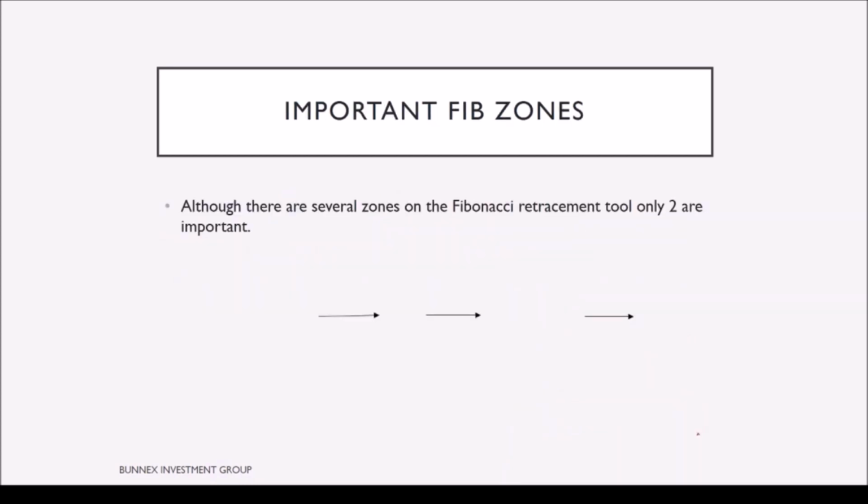Although there are several zones on the Fibonacci retracement tool, only 2 are important to us, and these are the 38.2 and 61.8 retracement levels. Of course, there are a lot of retracement levels, but these are the only ones that are important to us. And as always in trading, we have to be consistent with our concepts.